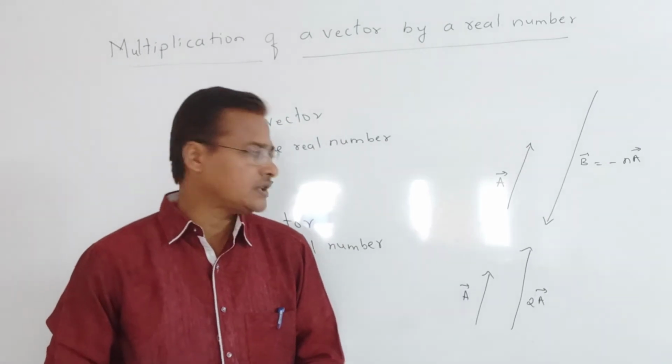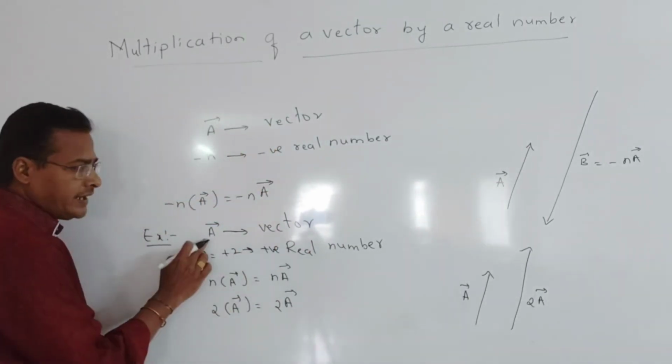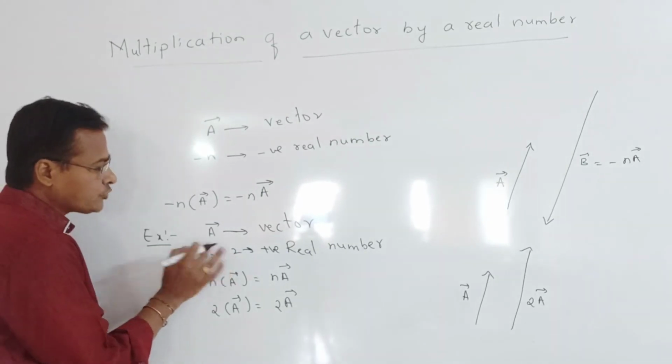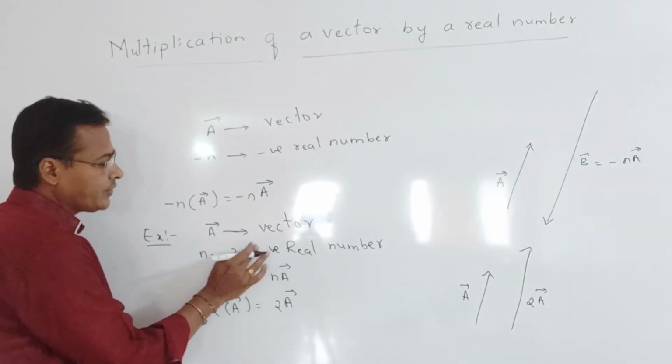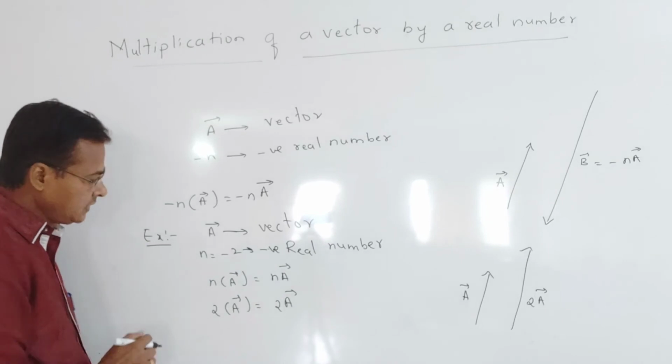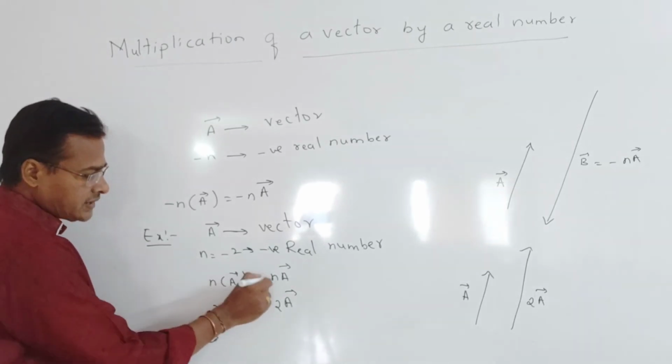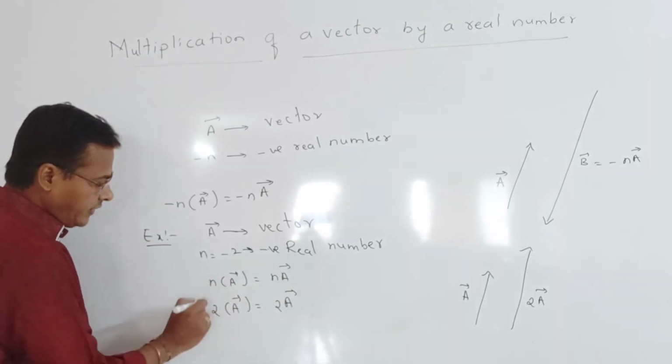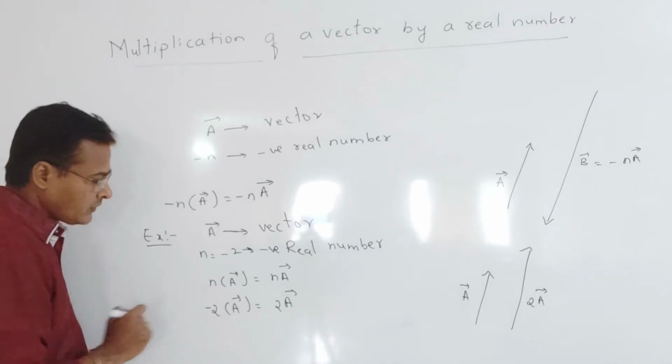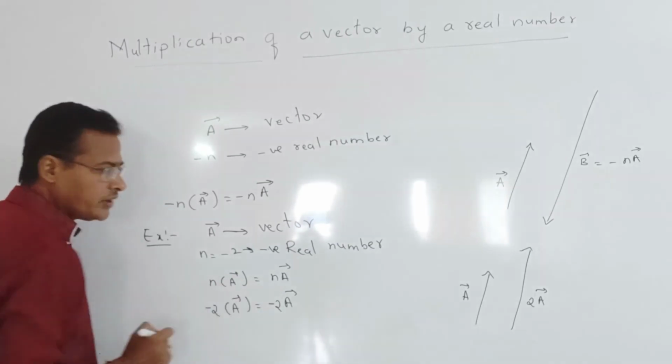Direction change. For example, if I take an A vector and multiply by minus 2, that is a negative real number. Plus into minus, minus 2 A vector.